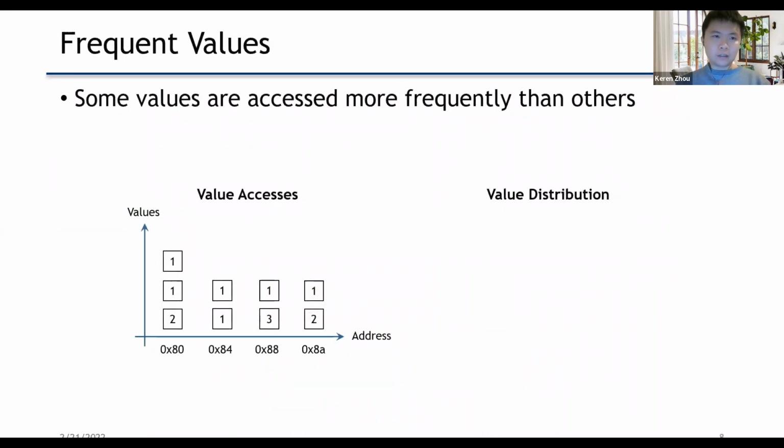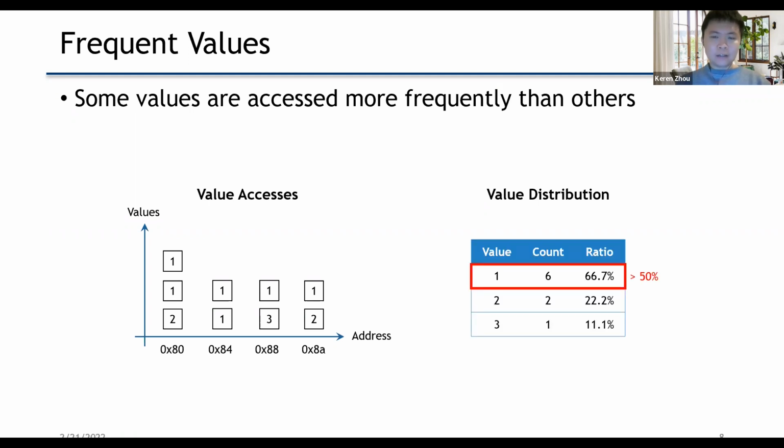Next, we're going to talk about two fine-grained value patterns. The first one is frequent values, which indicate values are accessed more frequently than others. At runtime, we instrument GPU memory access instructions and record the values accessed at each address. So in this example, we collect all the values accessed and then count a value distribution.